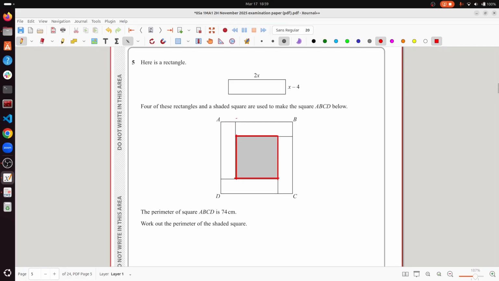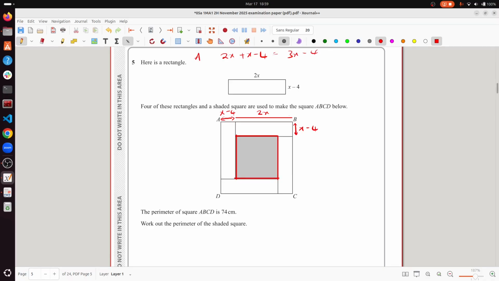we know that this length is 2x, and we know that this is x minus 4. And that means that this as well is x minus 4. That means from A to B, the total length is 2x plus x minus 4, which is 3x minus 4.